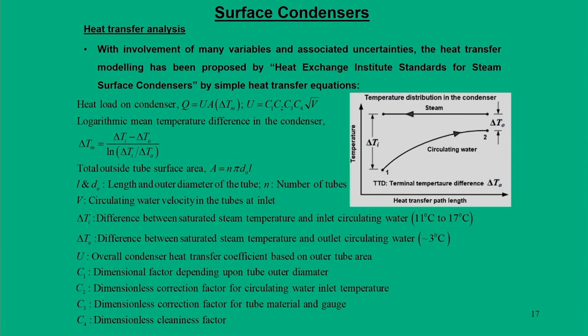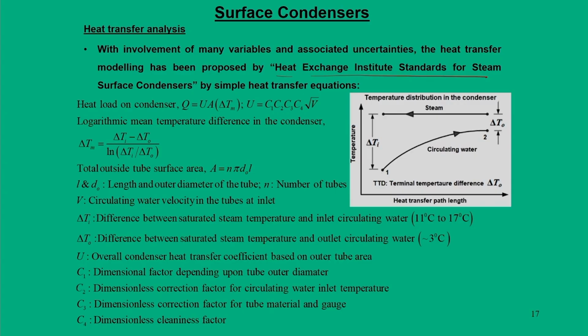Now, to design the various components of condensers, there are some standard calculations supported by heat transfer modeling, and these standards involve the Heat Exchange Institute standards for steam surface condensers.